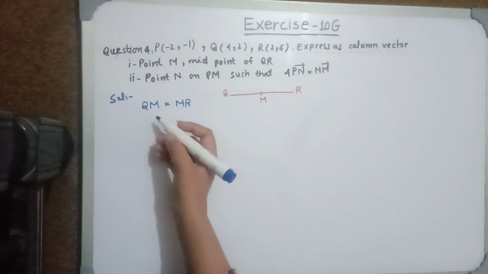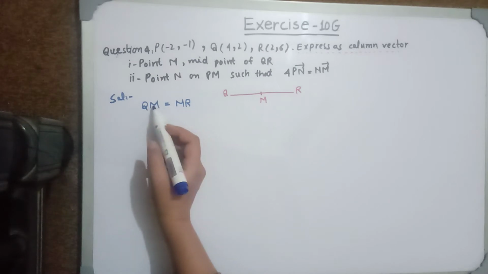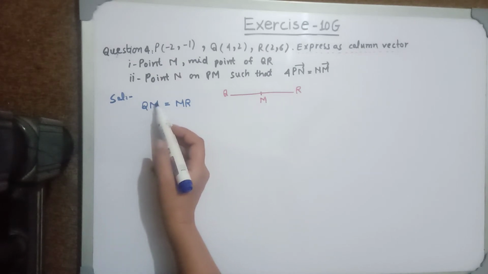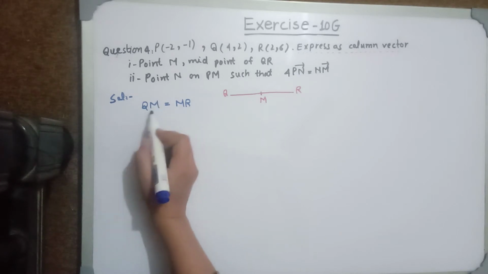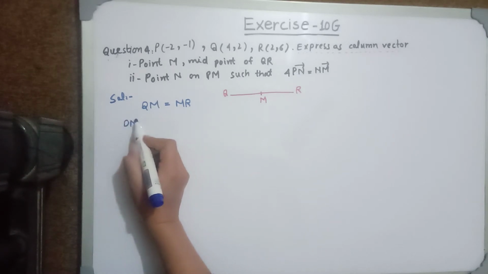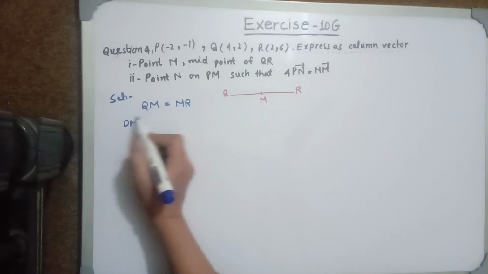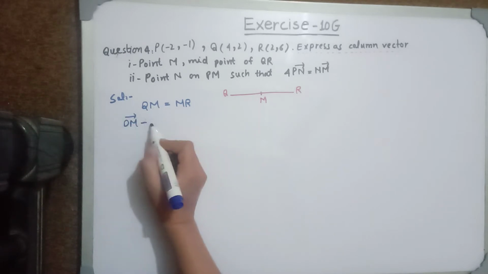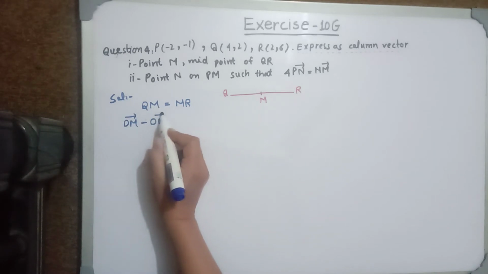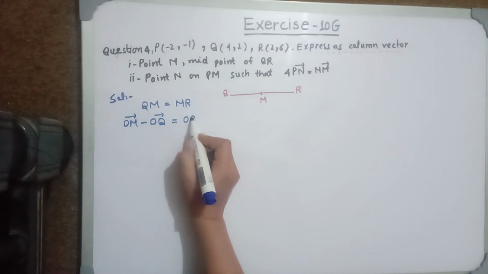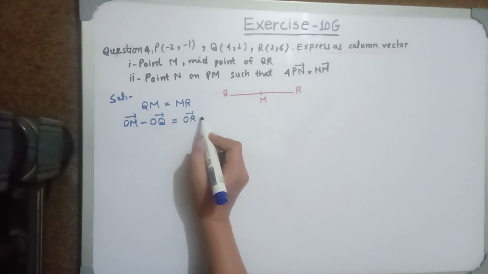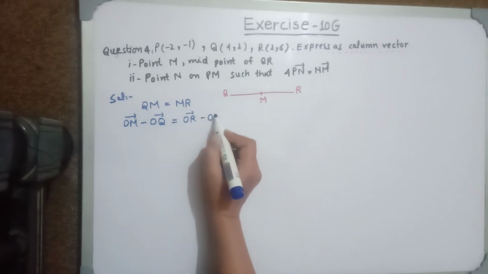And we know, how do we find a vector? We always subtract the initial point from the final. It means that I'm going to write it as OM, which is the final point or ending point, minus OQ, which is the starting or initial point. Likewise for here, OR, which is the ending point, minus the initial point OM.